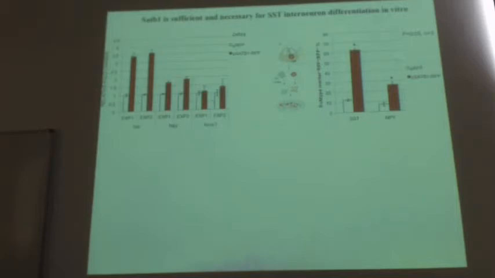You don't express it higher than normally is expressed when it's doing what it's doing. Yeah, but what I have shown is in agreement with what we see in vivo. First of all, we don't have SADB1 expression in migrating interneurons.